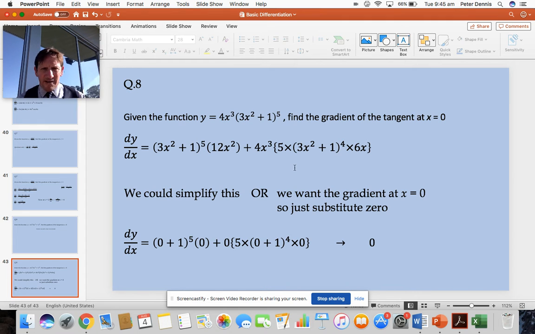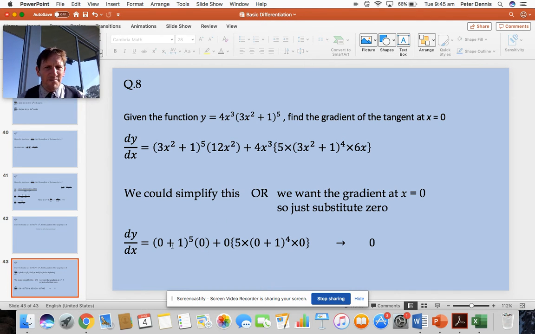Okay, now we could simplify this. It looks fairly ugly though. Or we could just substitute. We want the gradient at x equals 0. So we can just substitute x equals 0 instead of simplifying all this. What's this going to be? 3 times 0 squared is 0. So this bracket is going to be 1. 1 to the power of 5. The nice thing is this 12 times 0 squared is going to be 0.